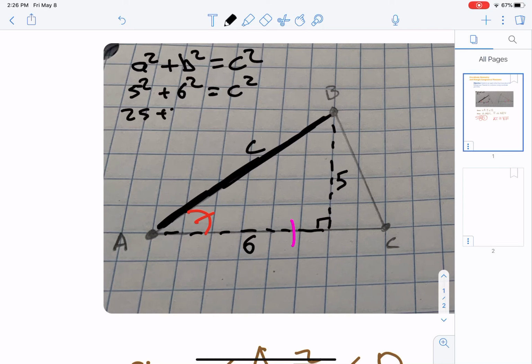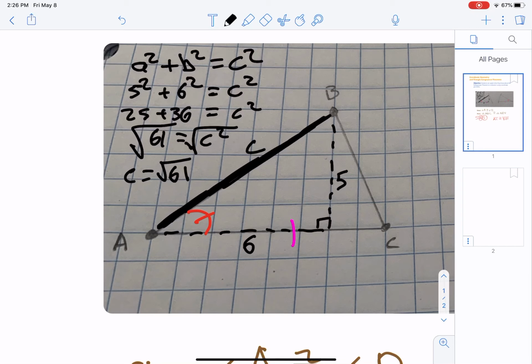25 plus 36 equals c squared. 20 and 30 is 50, 5 and 6 is 11, and so we end up with 61 equals c squared. Take the square root of both sides. The square root of c squared is, of course, just c, and then we end up with c equals root 61.